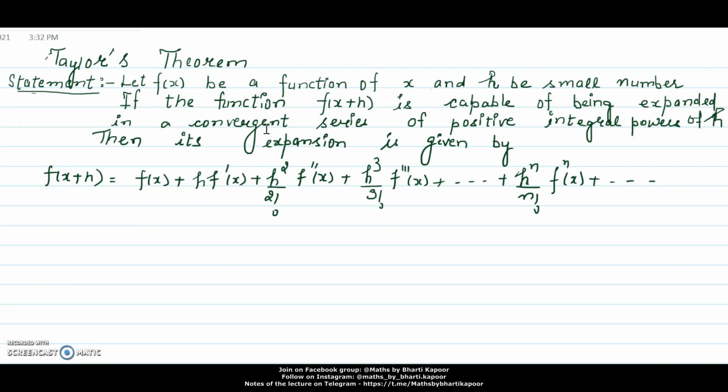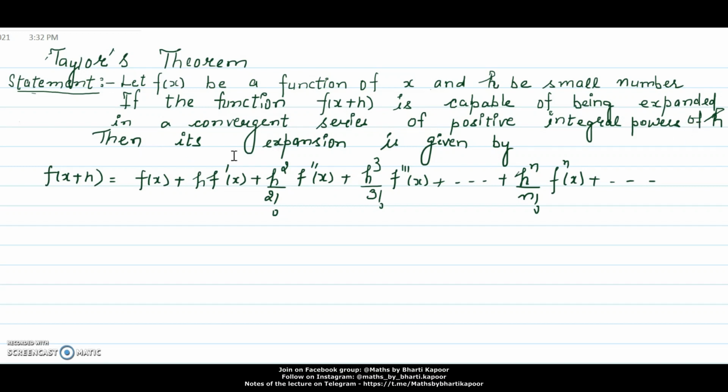The statement says that if f(x) is a function of x and h is a very small number, and the function f(x+h) is capable of being expanded in a convergent series, that means we can expand f(x+h) in a convergent series of positive integral powers of h.